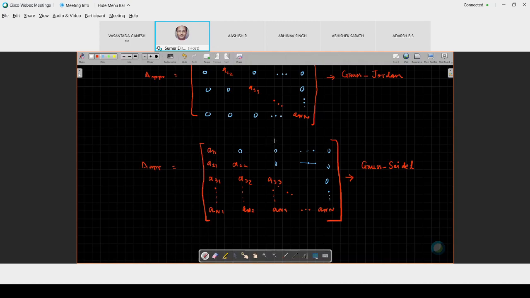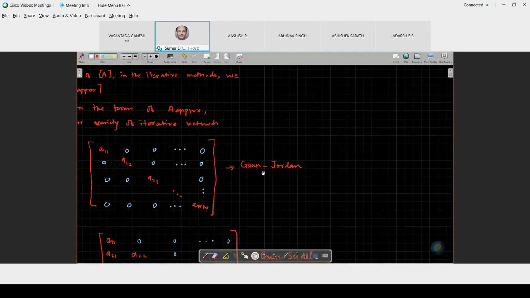Now suppose in the Gauss-Jordan case, we apply it to x prime and we use A approx x prime and you have rg. Then from the first equation, x1 prime is equal to rg divided by a11.